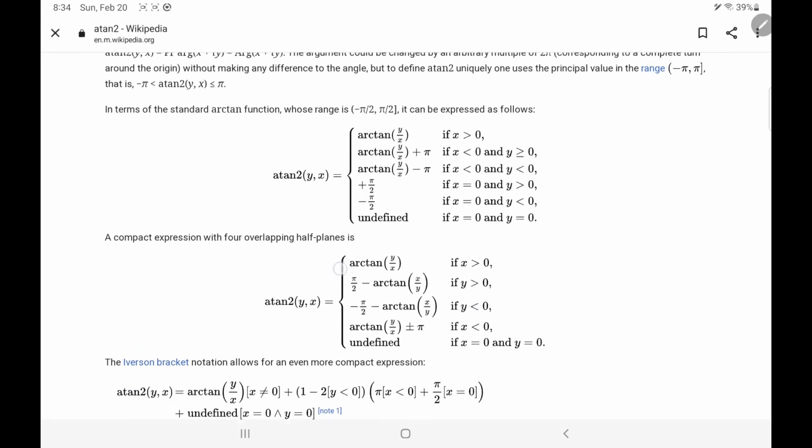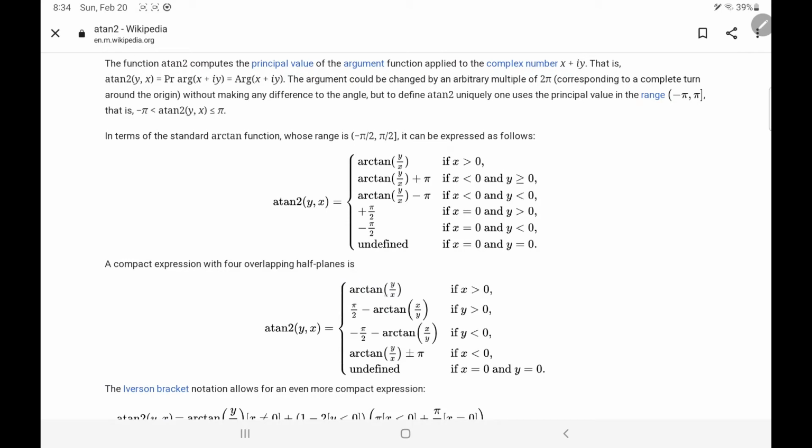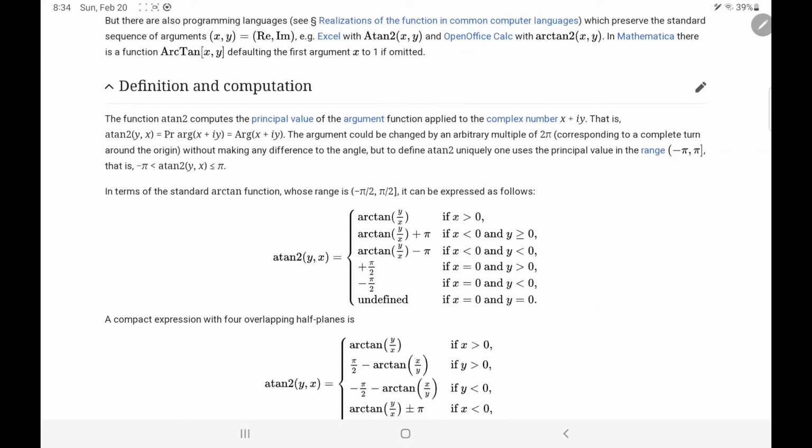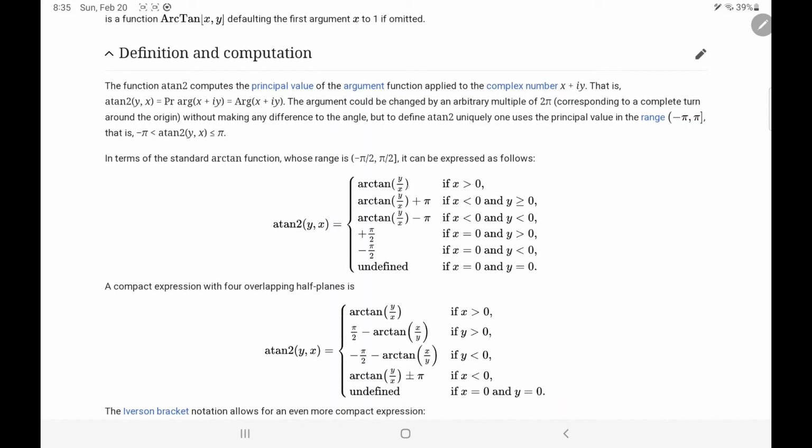Although both are fulfilled, the formulas are different, so I will go for the first condition. Because my x is positive, the first formula is valid, and the others are not valid as per the first criteria. So the arctan2 formula turns out to be simply y by x.